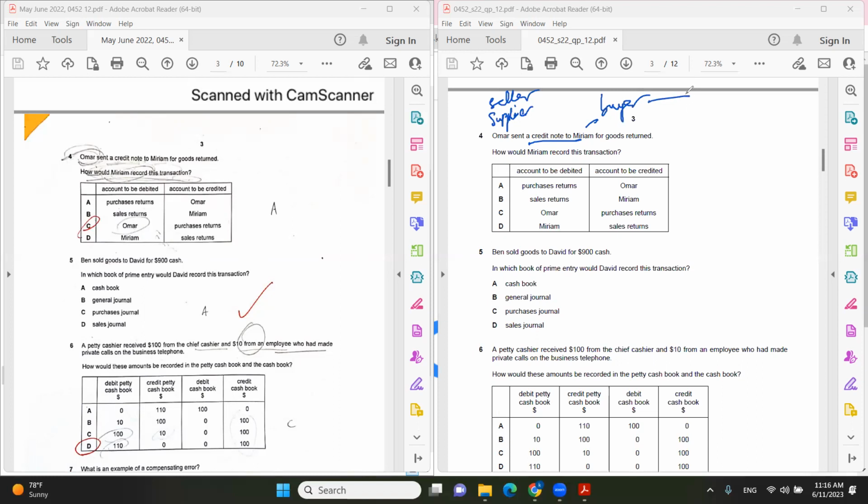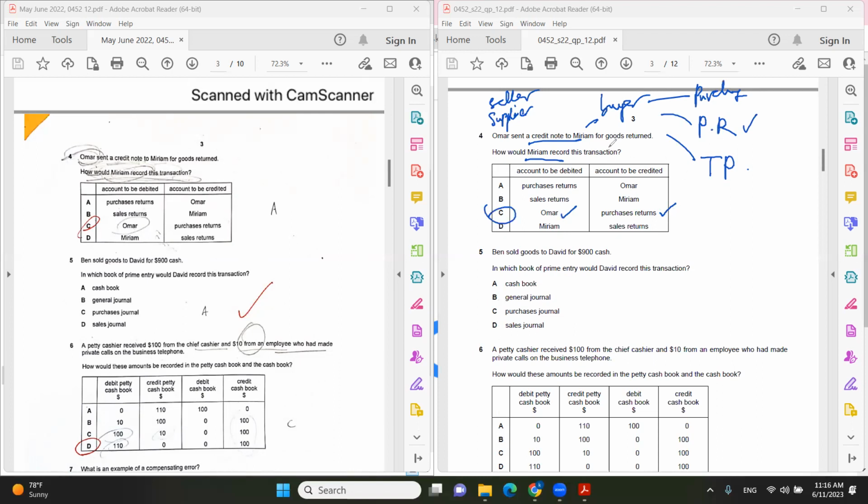The buyer will record purchases, the purchases return, and the trade payable. Goods returned is purchases return. Who received the goods when he returned them? Omar will receive the goods. The purchases return account must be credited. So the answer should be C.